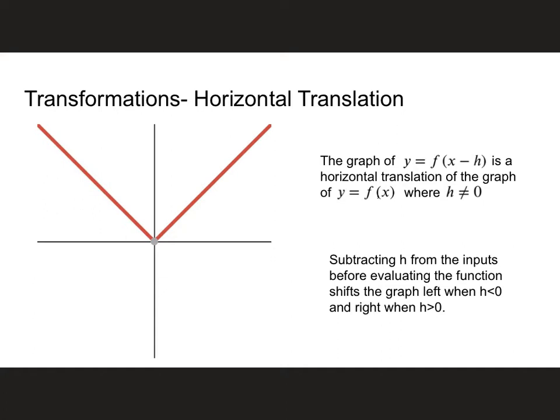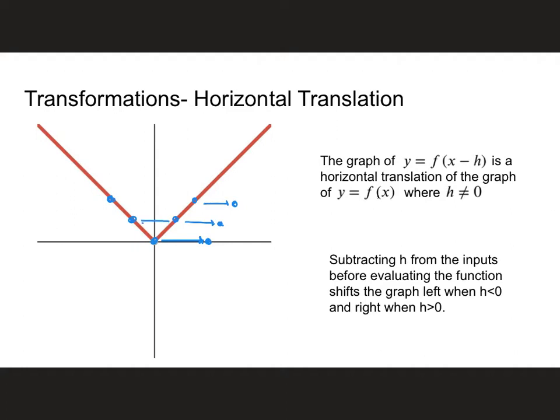So each one of these values, let's pick some points. Like this point right here, and we've got a couple different points on the actual curve. What's going to happen is when h is positive, I'm going to move it to the right. That means I move each one of these points to the right, however many units.